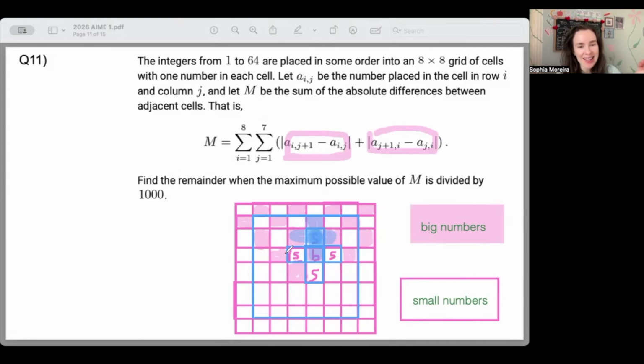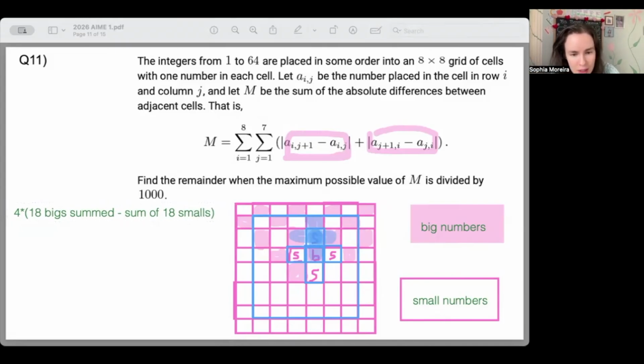We're going to be adding the 18 bigs 4 times and subtracting the 18 smalls 4 times. Let's go ahead and write that out. 4 times the sum of 18 bigs minus the sum of 18 smalls. That's going to be the very first part here, and that's handling this inner region.